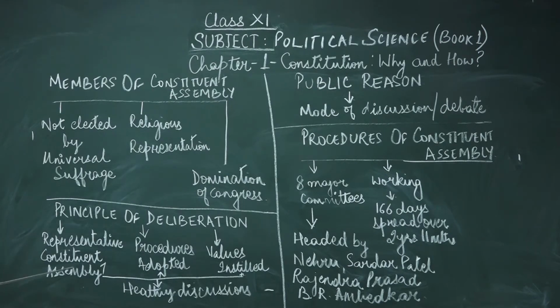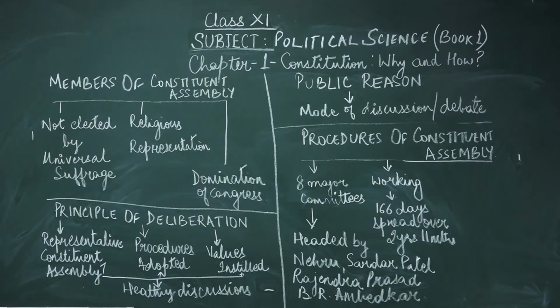There were often disagreements amongst members, but few of these disagreements could be traced to members protecting their own interests. So it was not for themselves that these members were framing the constitution, but for the people of the country. Almost all the principles and procedures that were adopted were discussed, and they went through each and every point of that particular procedure.